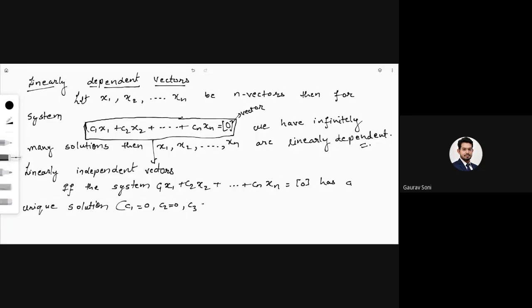I will put all the Ci's as 0. Unique solution, which is all the Ci's are 0, then x1, x2 up to xn are linearly independent.